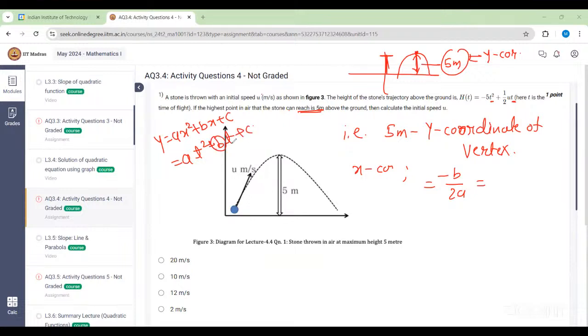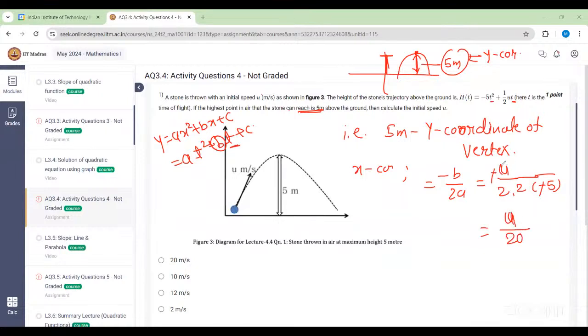Here b is whatever we have with t, which is u by 2. So minus u by 2, into twice a, and the value of a is minus 5. Minus minus gets cancelled, so u upon 20.